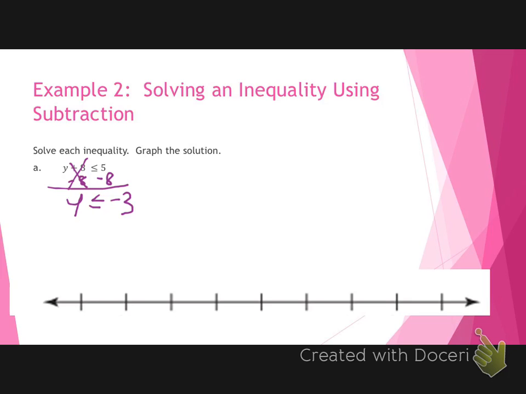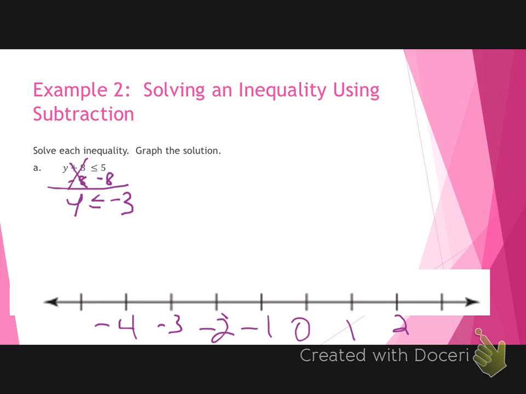So when we're looking at graphing this now, let's say this is negative 3, negative 4, negative 2, negative 1, 0, 1, 2. Again, it's going to be a solid circle because it's less than or equal to, it's got the equal sign underneath, negative 3.